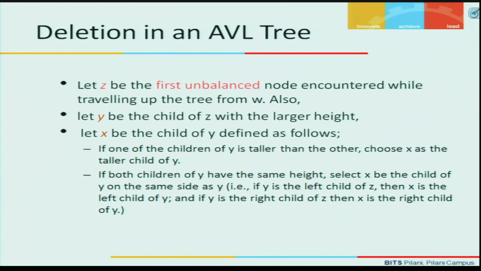If one of the children of y is taller than the other, choose x as the taller child of y. y is always uniquely determined because we know at z there is an imbalance. So, at an imbalance, definitely one of the subtrees, either left or right, is going to have a larger height than the other. For x, it can happen that both children of y have the same height.